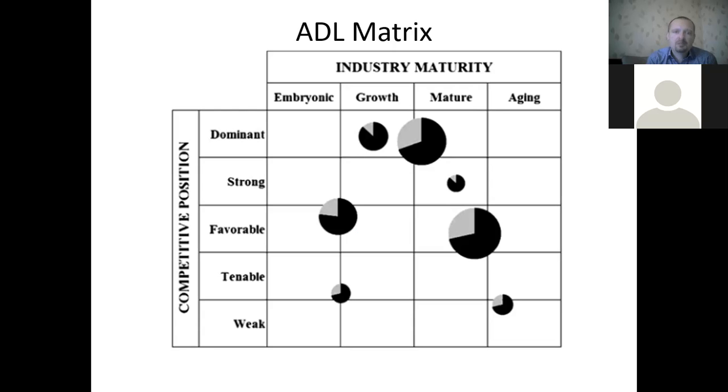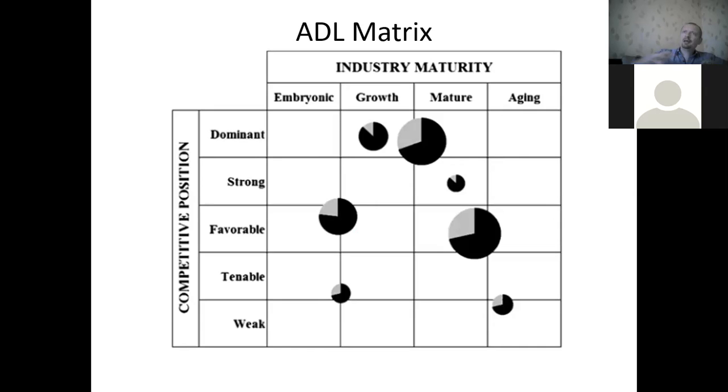The main purpose of the Hofer matrix and the ADL matrix is totally the same as the General Electric matrices and the BCG matrices. We are analyzing a diversified company, and we are trying to understand what we have to do with a big set of strategical business units. And we have to divide all the strategical business units into groups.